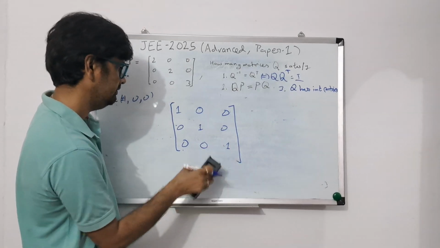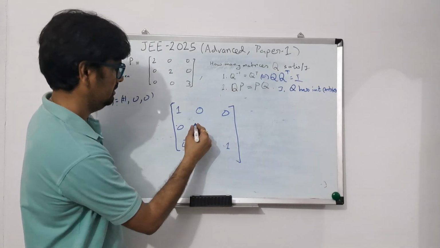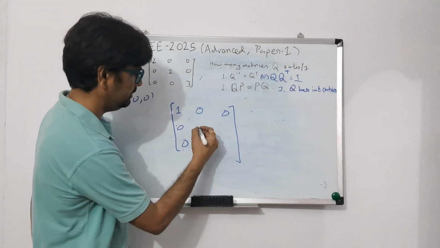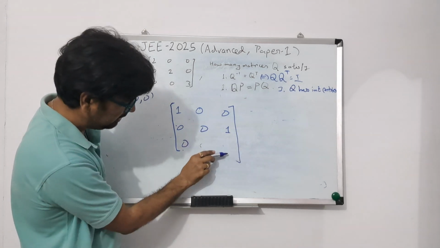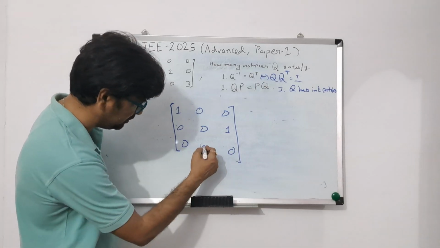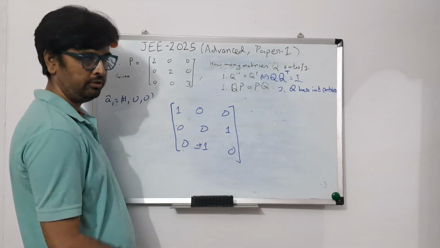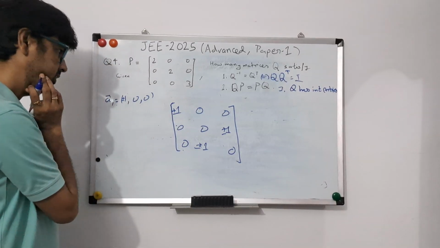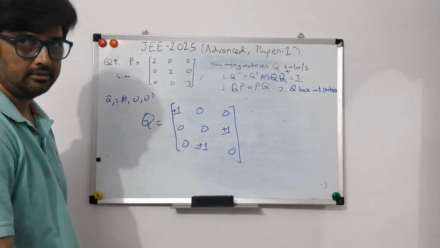Or we may have for A2 1 here, 0 here, then this column cannot have any more non-zero entries, so here we will get 0 and there is only one possibility left for A3, 1 or minus 1. I am only talking about non-zero possibilities. So this is how our matrix Q will be.